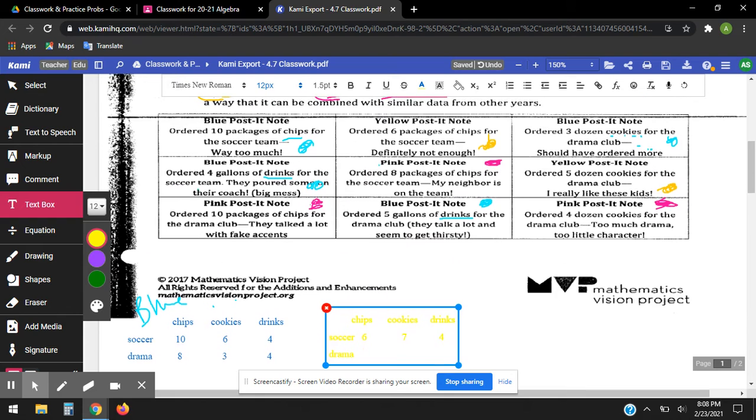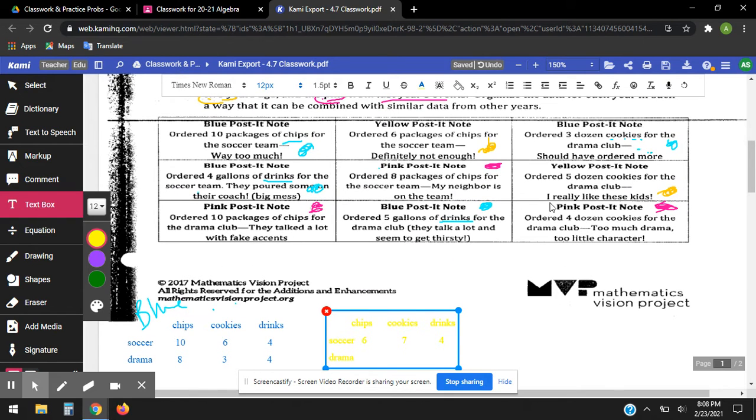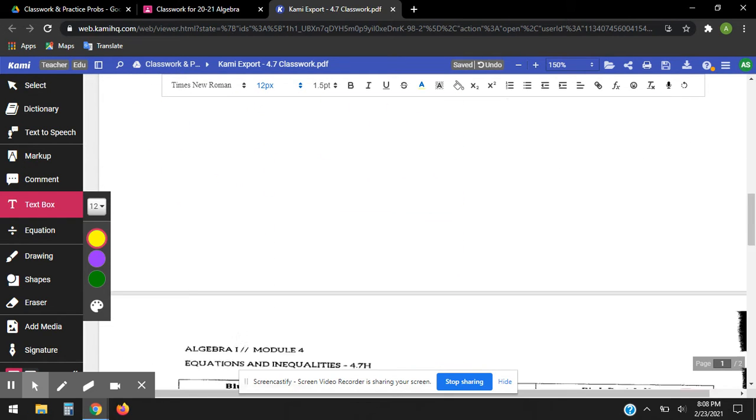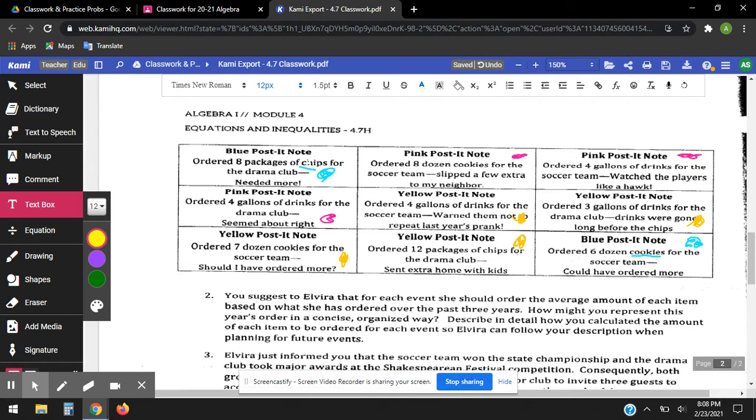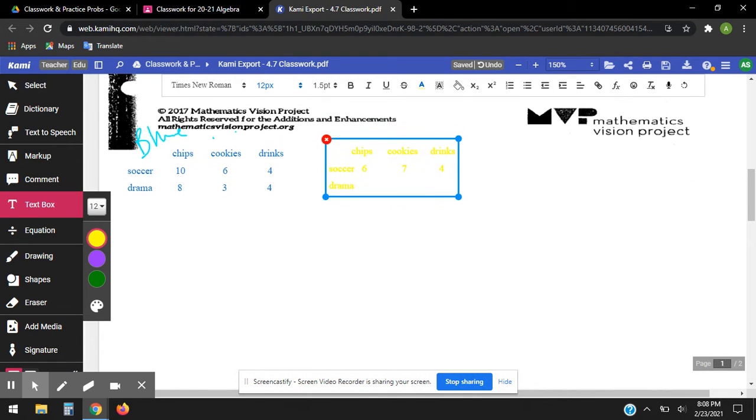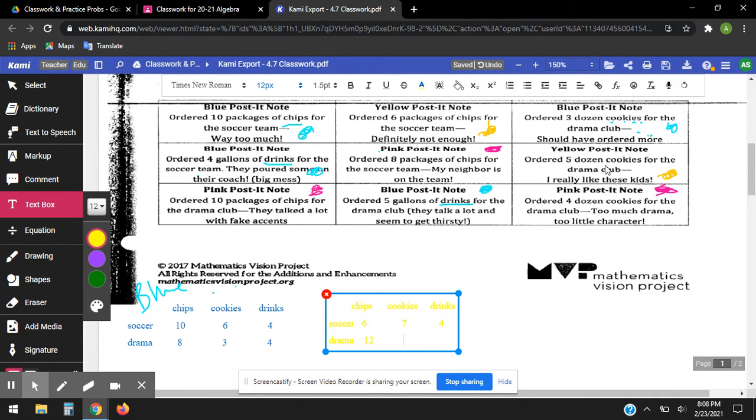So drama, were chips up here? Nope, cookies. So we'll have to go down here. So chips for the drama was 12 chips, and cookies were up here. So 12 chips, cookies, we said were up here, right? 5 dozen cookies.